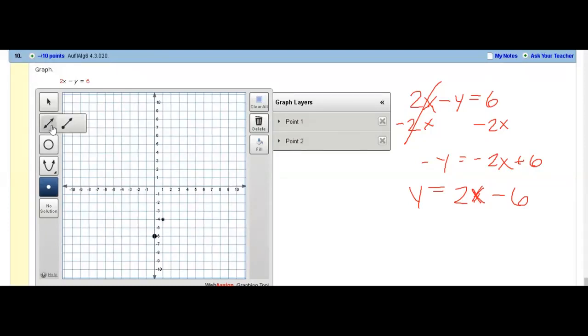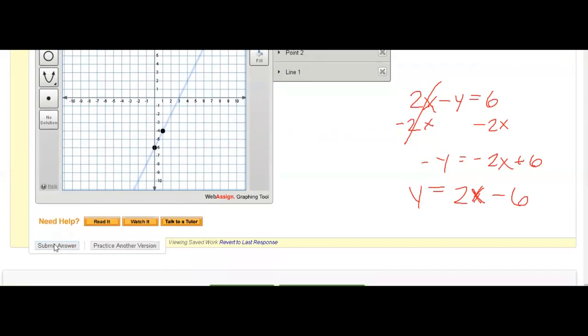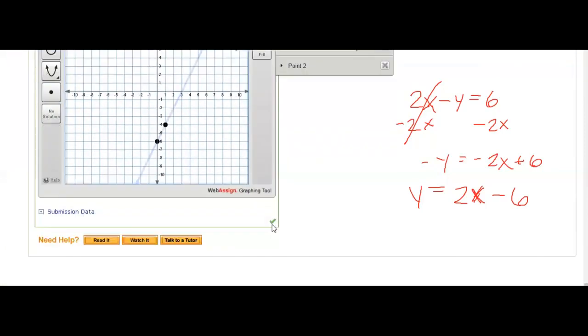I'm going to click on my double-ended arrow, and I'm going to click on my first point, then click on my second point, and it's going to create a line for me. And I'm going to hit submit answer. And I get that check, and it tells me it's correct.